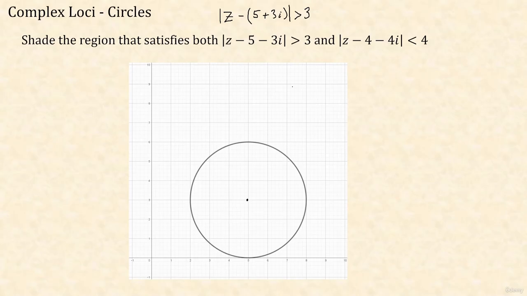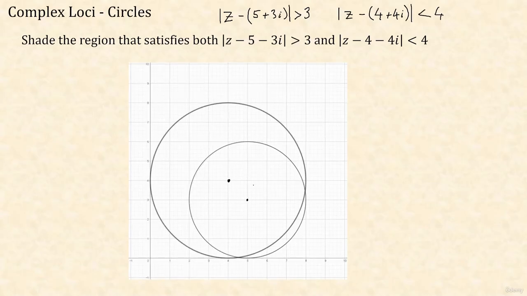I don't want to shade this entire region just yet, because I also want to include this. So this is going to be mod z minus, and all in one bracket, 4 plus 4i, and that's less than 4. So we want a circle with a centre of 4 plus 4i, and a radius of 4 as well. So let's put that on. Our centre is going to be here, and then we want a radius of 4. So that's going to look like this.